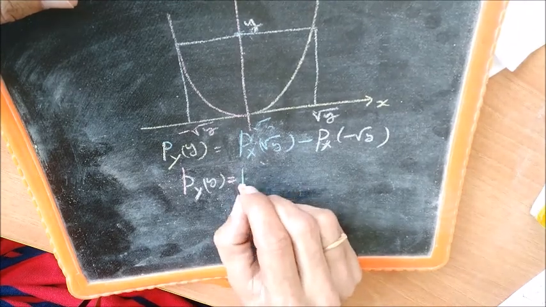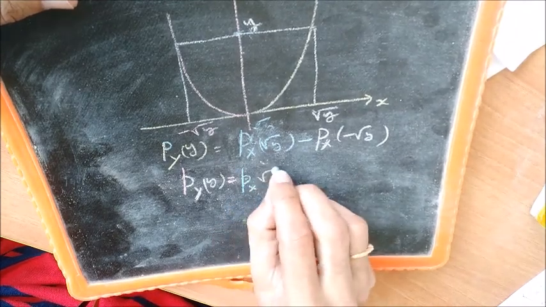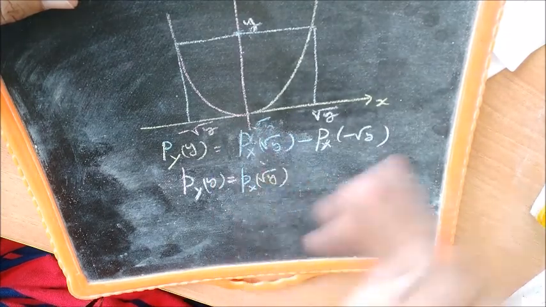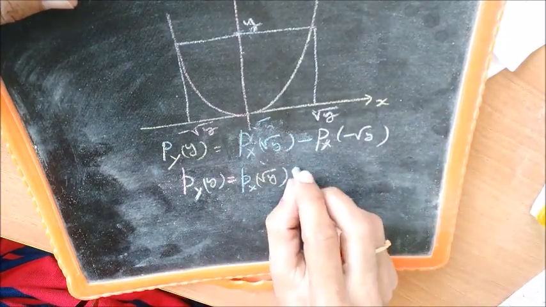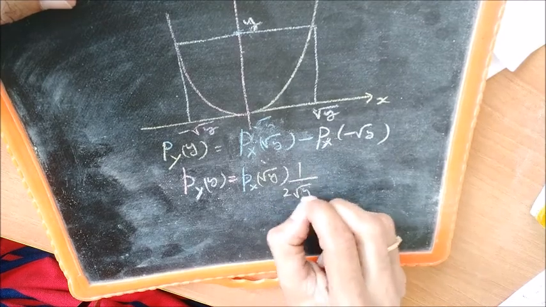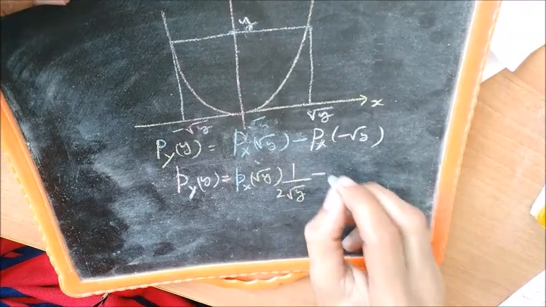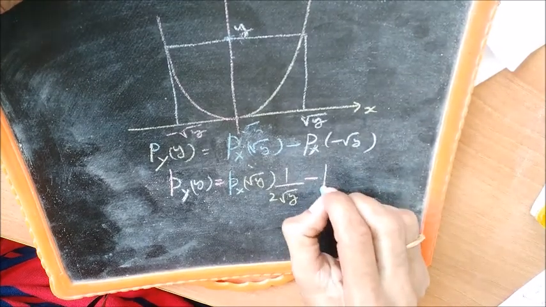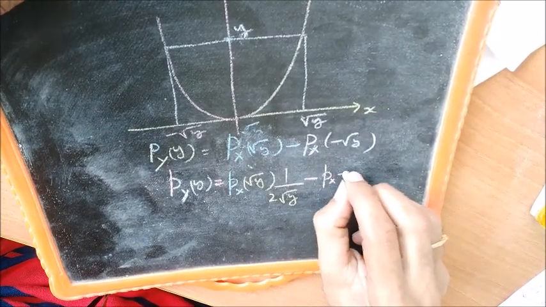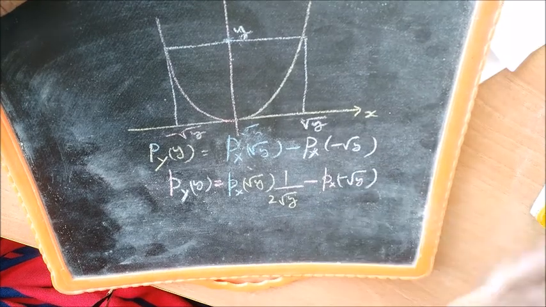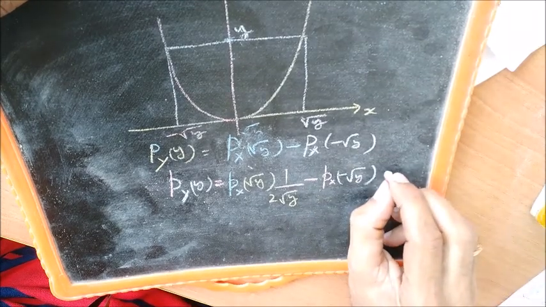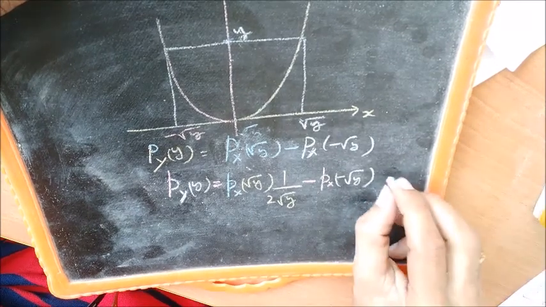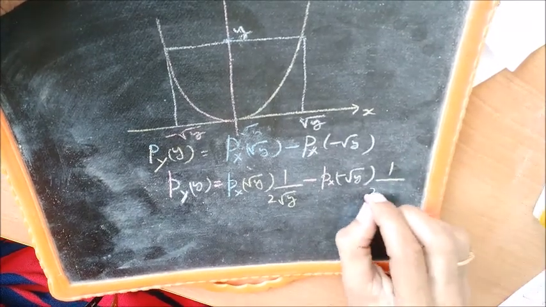So that gives, this is the result of differentiating this with respect to root y, and then when I differentiate root y with respect to y, I get 1 by 2 root y. When I come to here, when I differentiate this with respect to minus root y, I get, and then I compensate it by differentiating minus root y with respect to y, and I end up getting minus 1 by 2 root y.